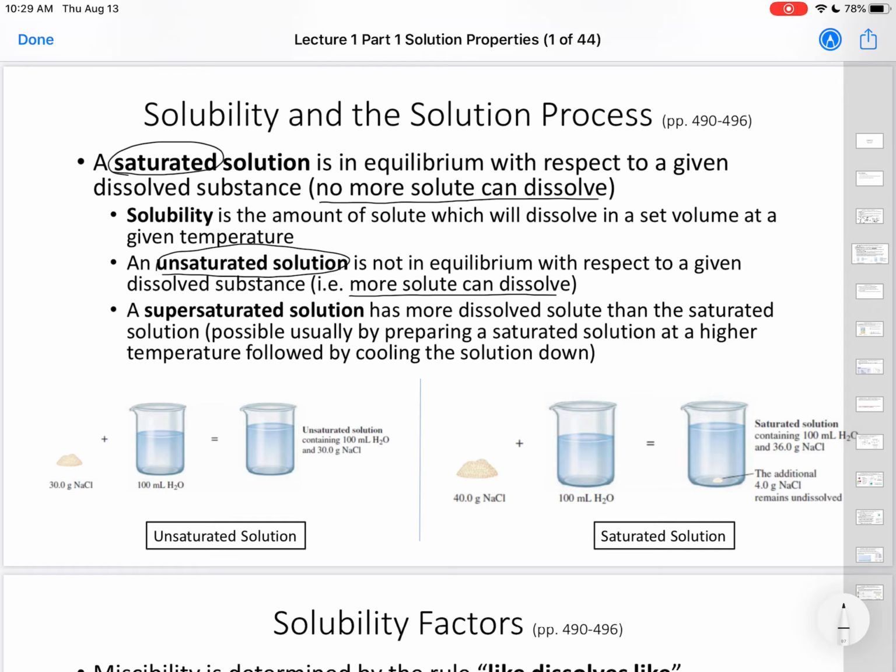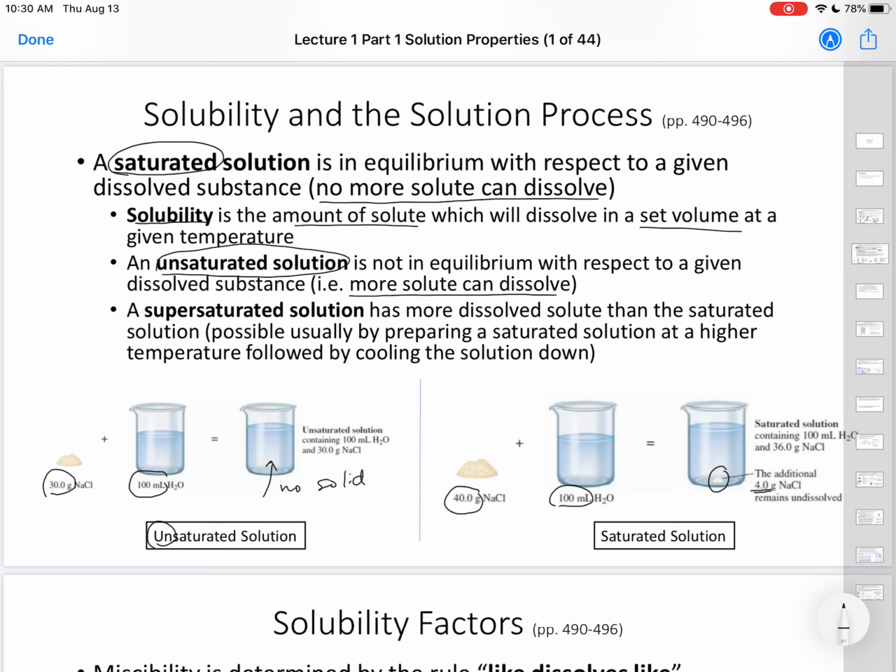Okay, solubility is a term that we use to describe the amount of solute which will dissolve in a set volume. So, let's say if you look at this example here, if you take 30 grams of NaCl and put it in 100 mL of water, everything is dissolved. There's no solid. Because of that, it is what we call an unsaturated solution. Now if you take 40 grams of NaCl and add it to 100 mL of water, same amount of water, then you notice that all of it will dissolve except for a little bit which will precipitate out.